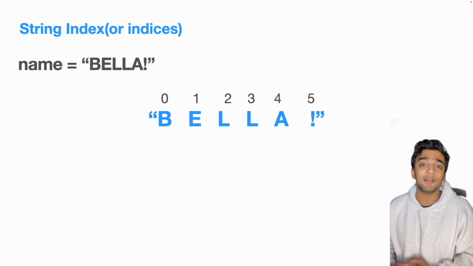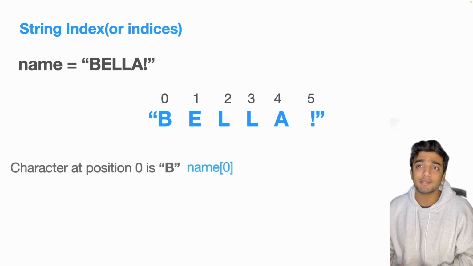Now, if I wanted to print the characters in Bella, let's say just the exclamation point or just the B from Bella, how would I do that? First off, I need to know the variable in which the string Bella is stored. In this case, the name of the variable is simply name. So the character at position 0 is B. To refer to that character, you'd write name, then open a square bracket, put in the position of that character, and close the square bracket.